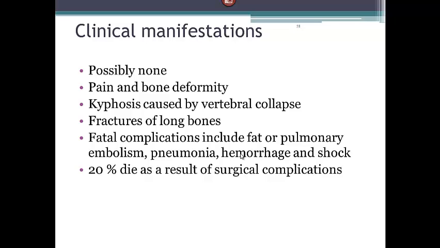If you remember the cutoff values that the World Health Organization approved: a T-score less than minus 1.0 and more than minus 2.5 defines osteopenia, and a T-score less than minus 2.5 suggests osteoporosis.